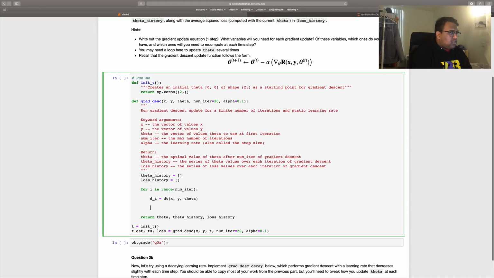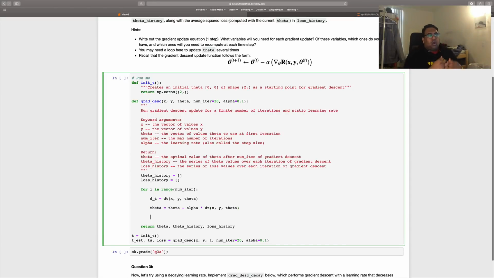And now our new theta is going to be equal to the old theta minus alpha, which is one of the parameters we're given in the problem, times the gradient of the loss at the previous time step, right? This is theta t, and we're setting that equal to theta t plus 1.